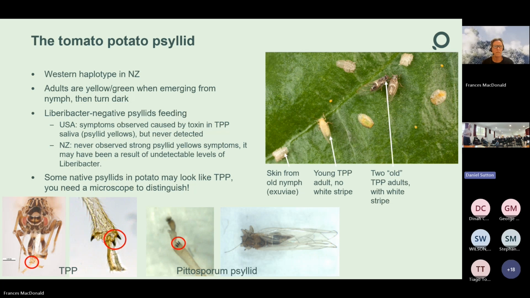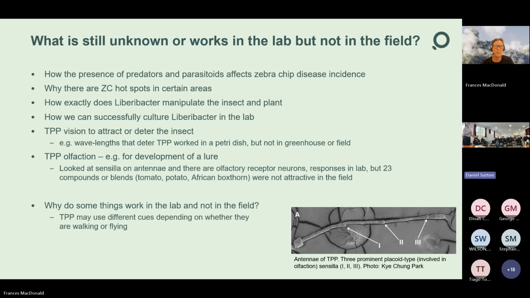Can you click again? TPP looks slightly different to the Pittosporum psyllid, and you need a microscope for that. You cannot tell them apart otherwise. So people like Fruit Fed who do the assessments of sticky traps are well aware that they can't just go by the white stripe on the psyllid. They actually have to look at the legs to make sure it's the right one.